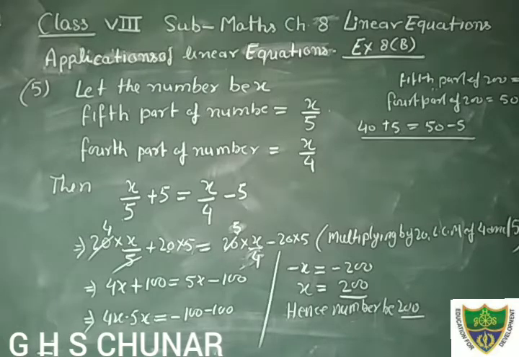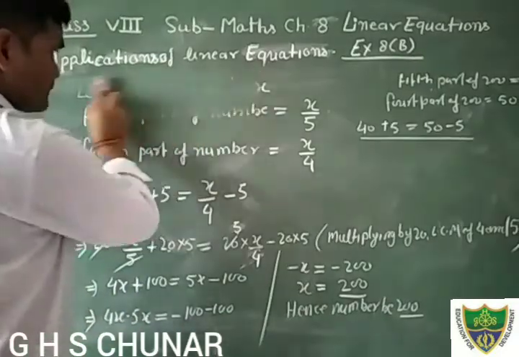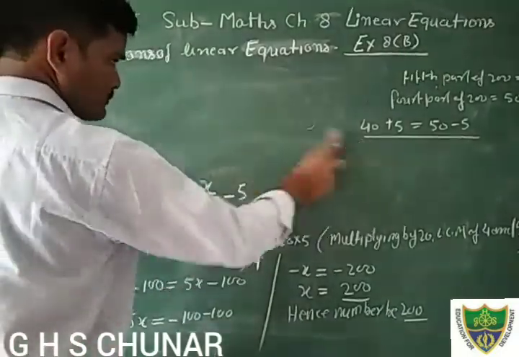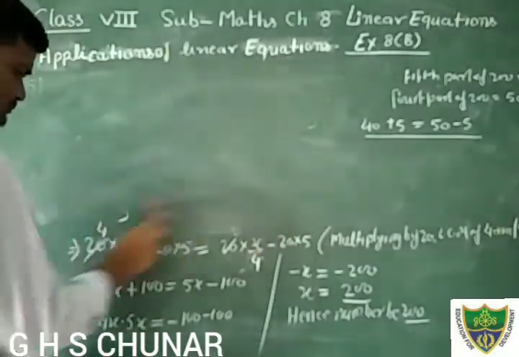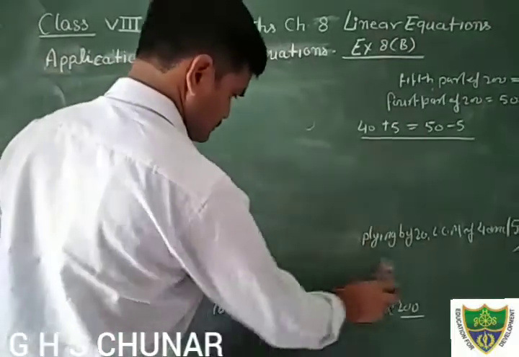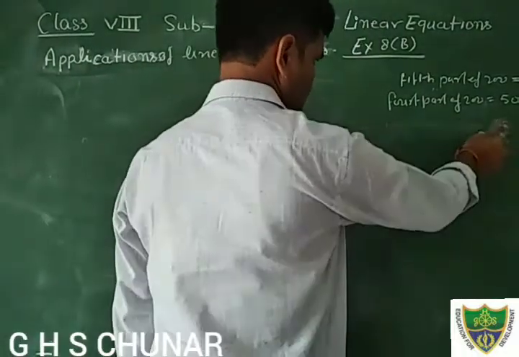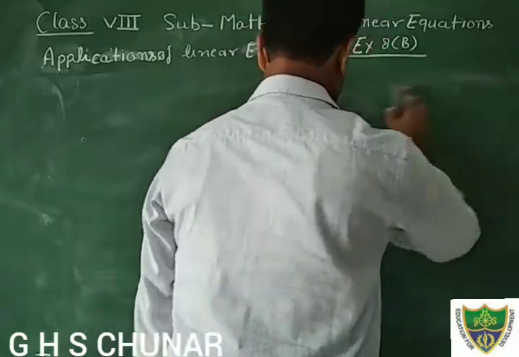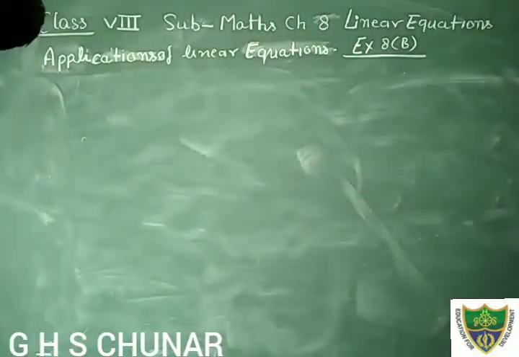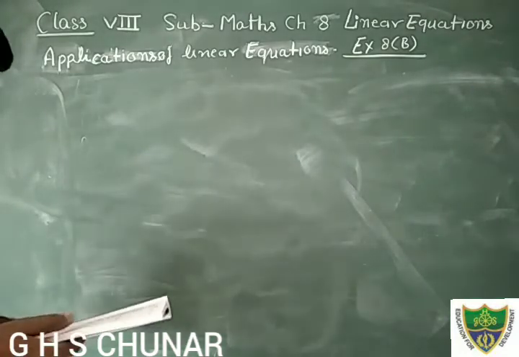Okay. Now we come to the next question. Three numbers are in the ratio 4, 5, 6.